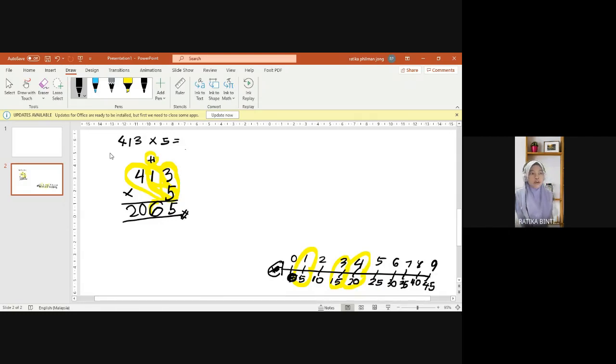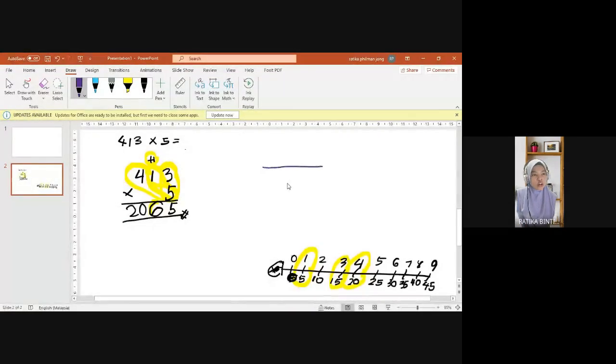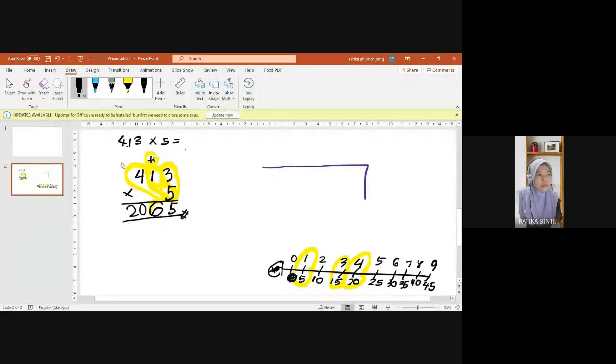Okay. Now, we are going to use the lattice method. Lattice method is like this. We are going to draw an upside down L like this. Then the number with more digits, 413 has 3 digits, right?